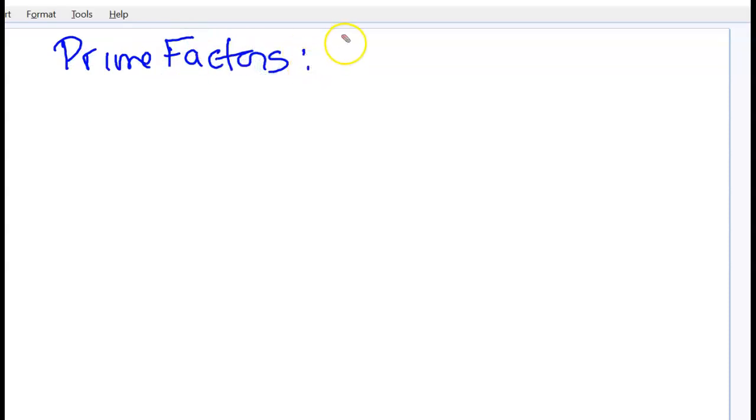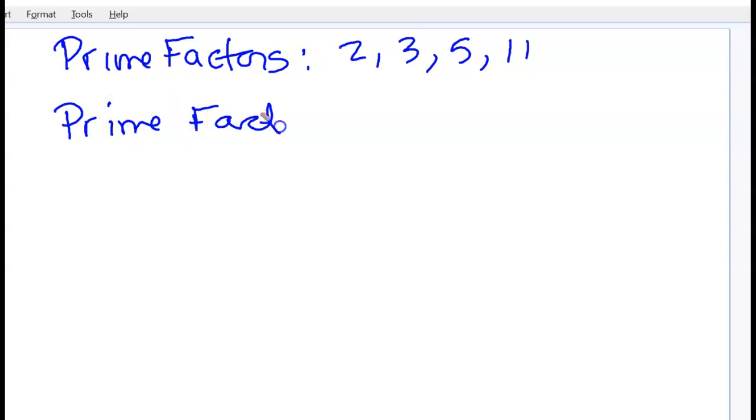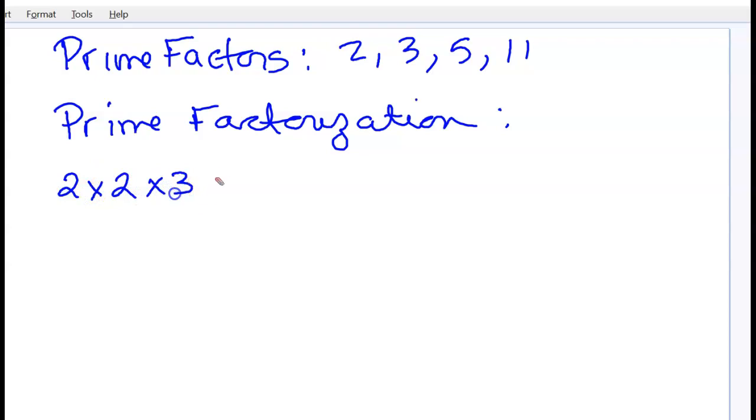of 3,300, they would be 2, 3, 5, and 11. And if we wanted the prime factorization of 3,300, it would be 2 times 2 times 3 times 5 times 5 times 11.